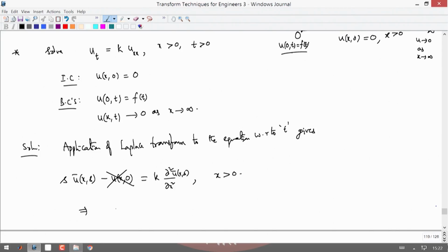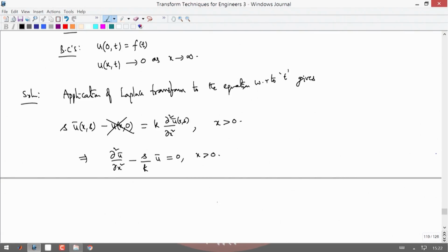So, this implies del square u bar by del x square minus s by k times u bar equal to 0. This is for x positive. So, this is your equation, and now if you apply the boundary conditions, the initial condition I already applied.